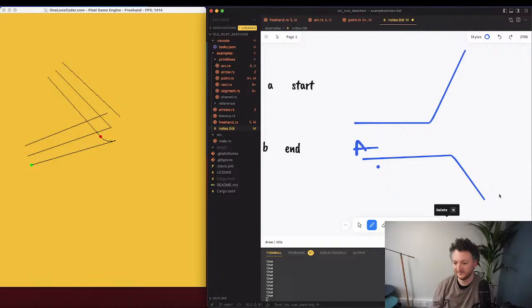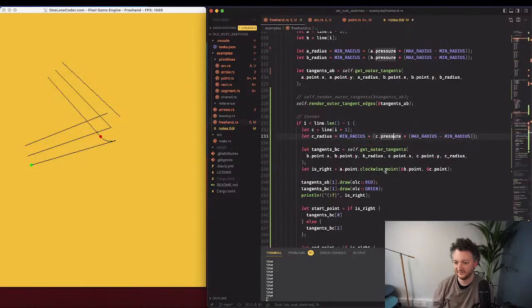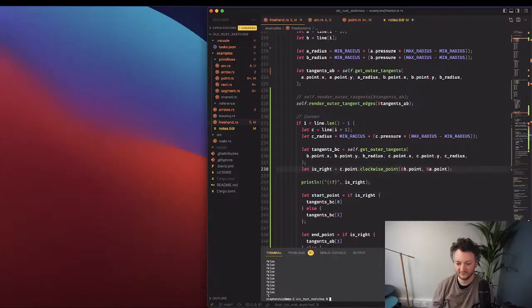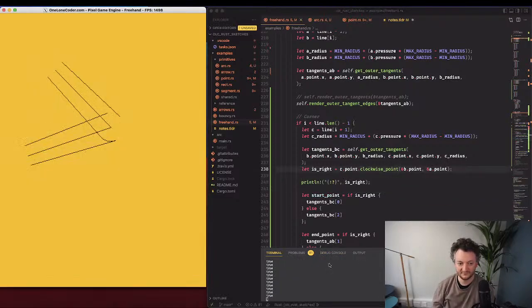This is A, this is C. Is A to C clockwise? No.